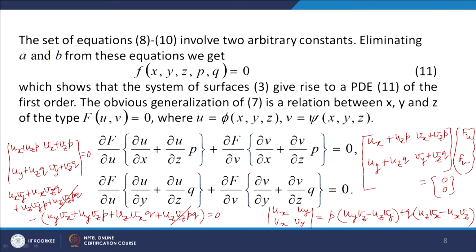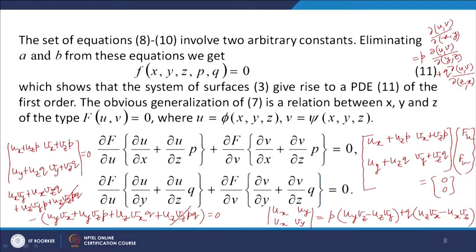So, this is nothing but I can write it in the form of Jacobian, ∂(u,b)/∂(x,y) equal to p times, here we will have ∂(u,b)/∂(y,z), plus q times ∂(u,b)/∂(z,x).